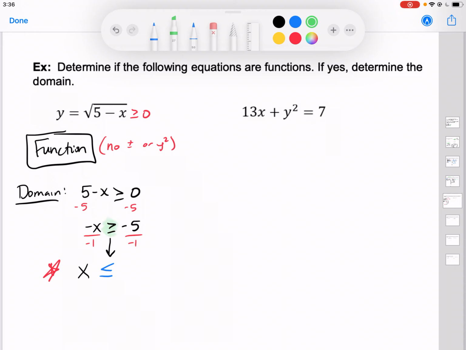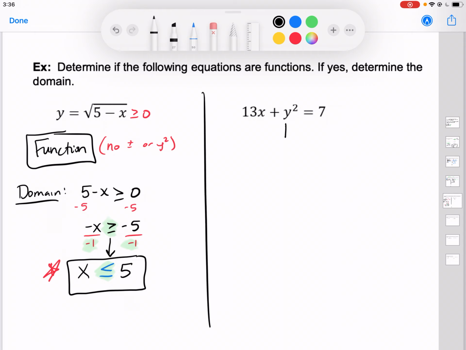Okay, so that's pretty important. Those switch because you divided by a negative number. Oops, probably should use pen. That would help. So your answer is x is less than or equal to 5. Some people on this kind of problem will just add x to both sides and then it automatically gives you the answer.